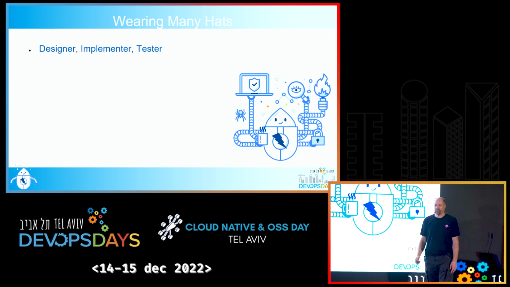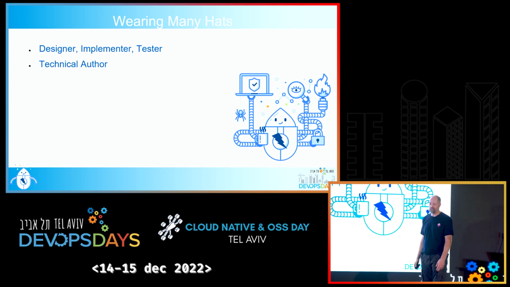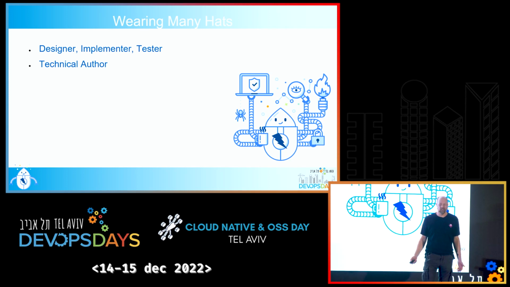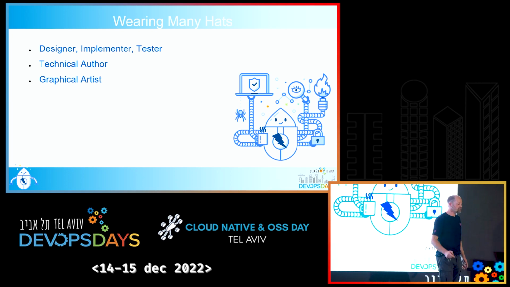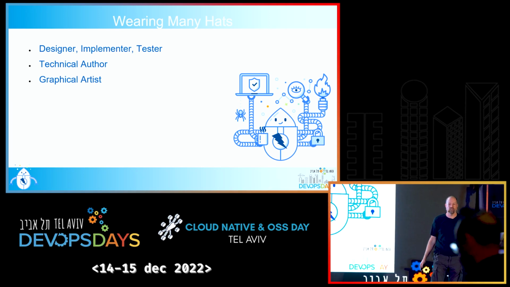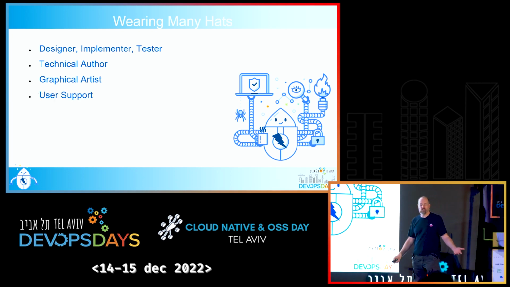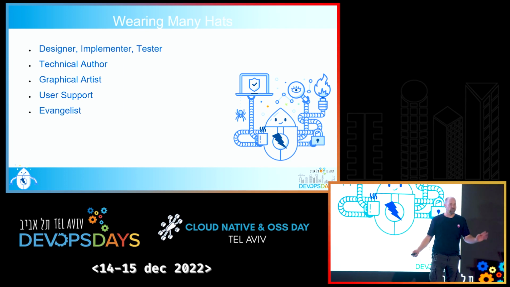So one thing you've got to do as an open source developer is, you're the designer, you're the implementer, the tester. I mean, that goes without saying, really. You're also the technical author, which is challenging, but you need documentation. You're the graphical artist. I didn't draw all these pictures, by the way. We got a proper graphical artist to do that. But even so, you end up cobbling together things and hacking around with stuff. You have to do user support. You have to be the evangelist. You have to stand on stage. Well, you don't have to, but it helps.